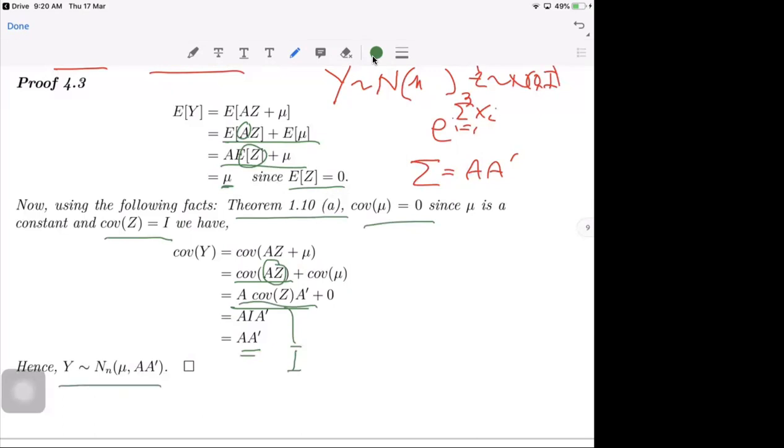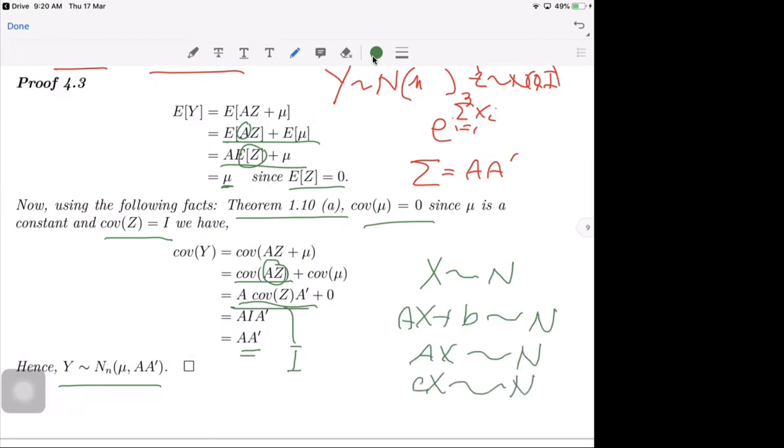So the previous result shows that if you have a random variable X which is normal, any transformation that is just linear will still be normal, no? So AX will still be normal, or pre-multiplied by a constant is still normal.